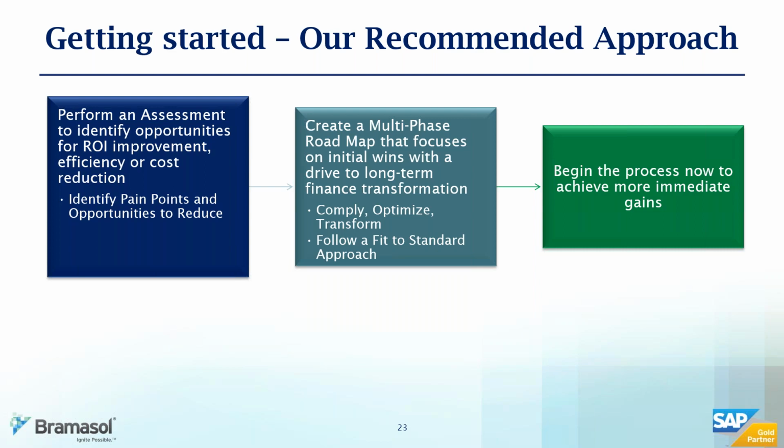Then you move to creating a multi-phase roadmap that focuses on initial wins. We like to use a framework, and a lot of our colleagues are using it, called Comply, Optimize, and Transform. It came out of the idea of initially looking at ASC 606 for RevRec, and leasing and IFRS 9 compliance.